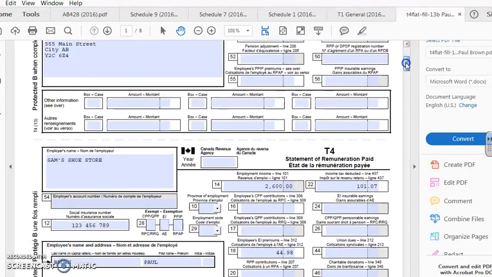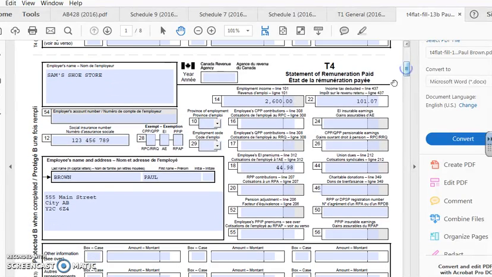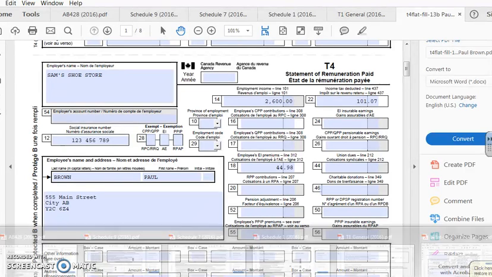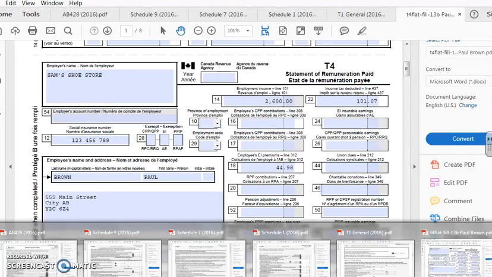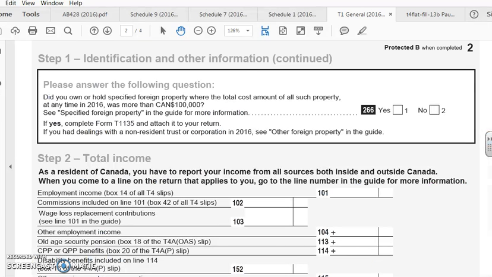And then from Sam's Shoe Store, he made $2,600. And that is line 14 on both T4 forms that he has received from his employers. And so the combined amount of both of those is $6,200. And so we are going to be putting that in line 101 over here.